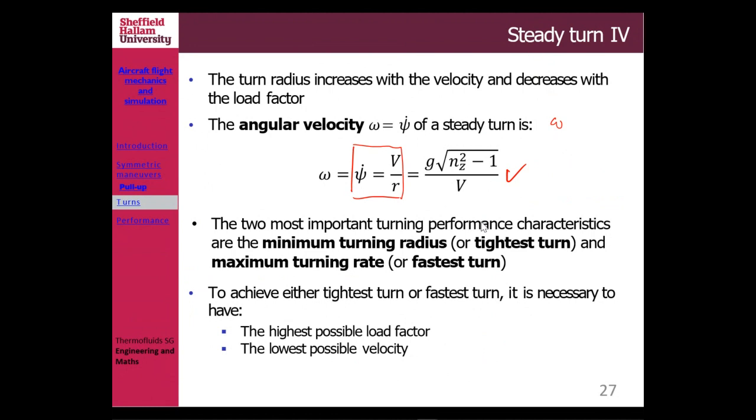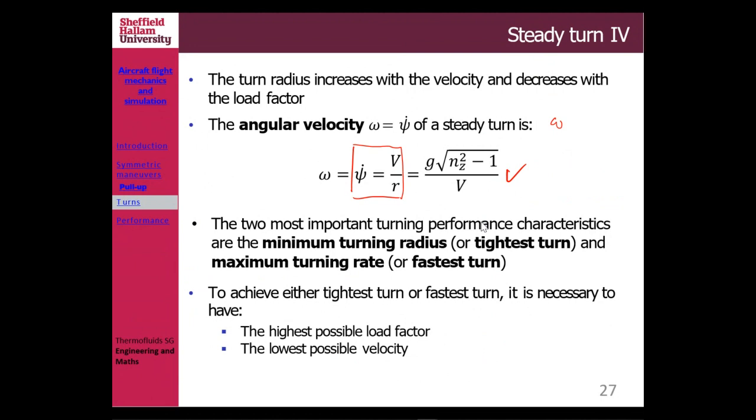But if you're a fighter pilot or a pilot of an aerobatic aircraft, you need to be able to turn in a short time. If you want to beat your enemy in a dogfight or have better air superiority, you want to do the turn in a very short time and a very short distance as well.